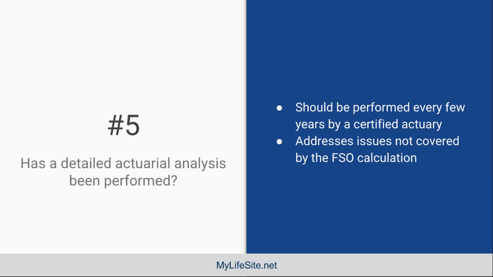So you want to ask them when the last time was that they had one performed. Hopefully they've had one done at least within the last few years. But you can ask them about that and what the result of that analysis was.